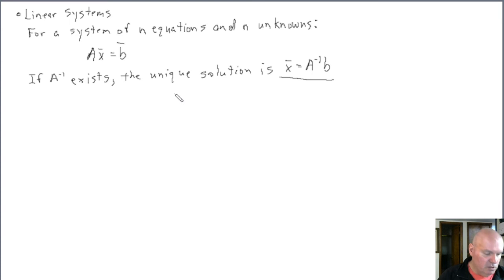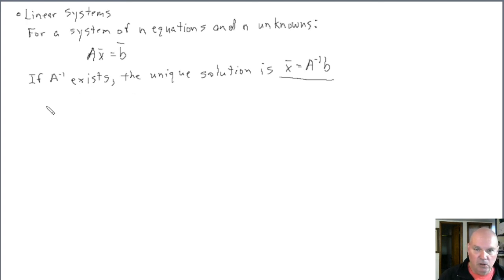If A inverse does not exist, the system may be inconsistent, or it may have an infinite number of solutions. We don't know. It's only if A inverse exists that we know the system falls into the case where there is only one solution.